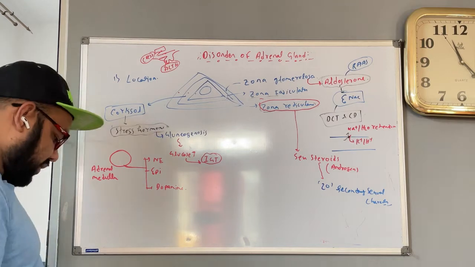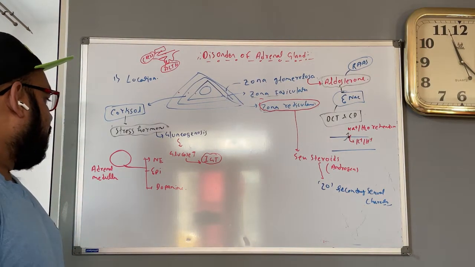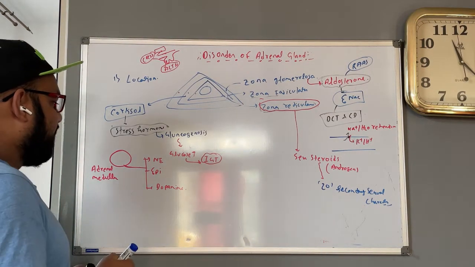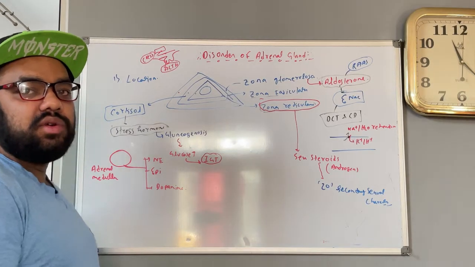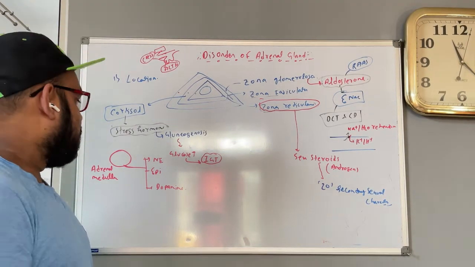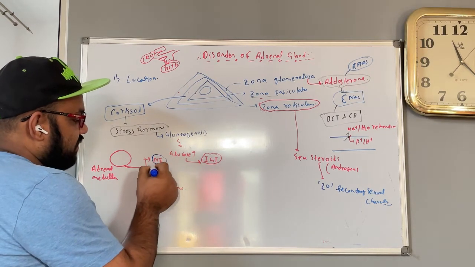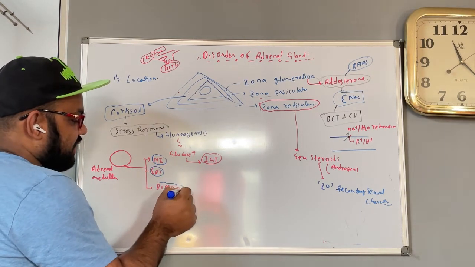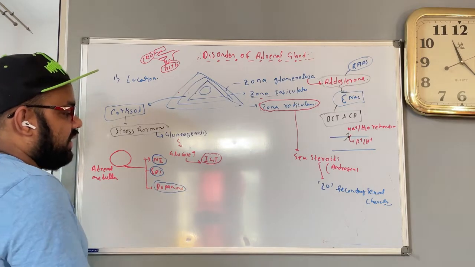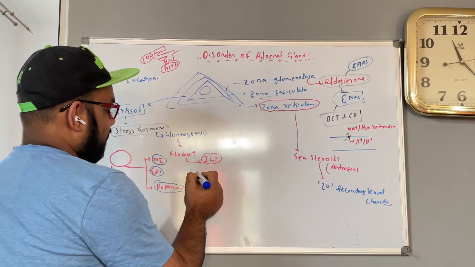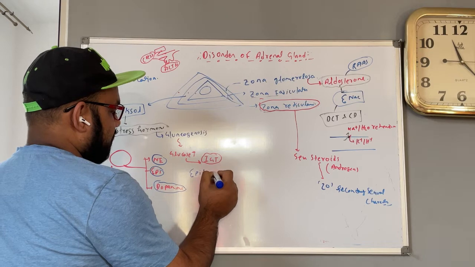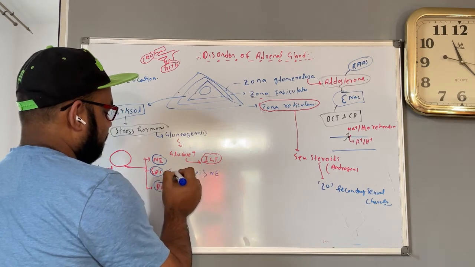Now see, one question is frequently asked in the FMG exam: which of the hormones has the maximum concentration under normal physiological circumstances within the blood? If the question is asked that way, then definitely we should say that epinephrine has a higher concentration than norepinephrine, near about 60% among these three.